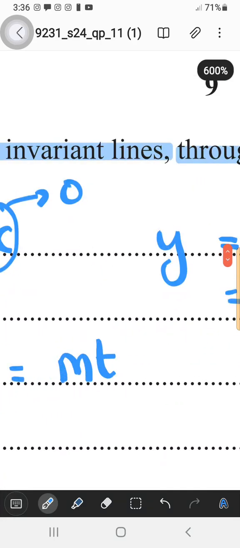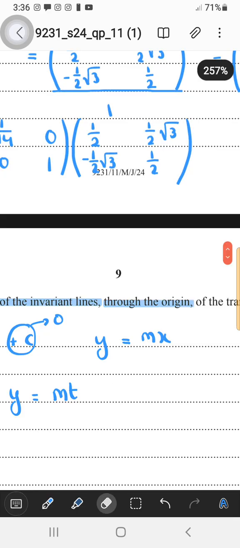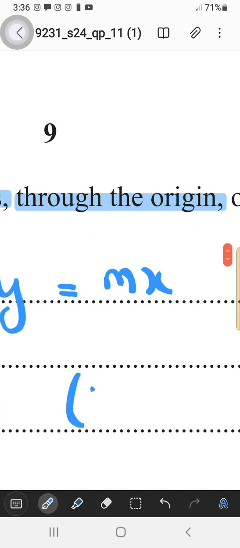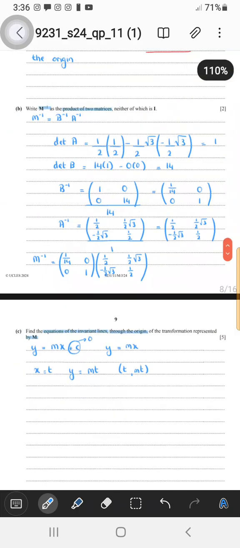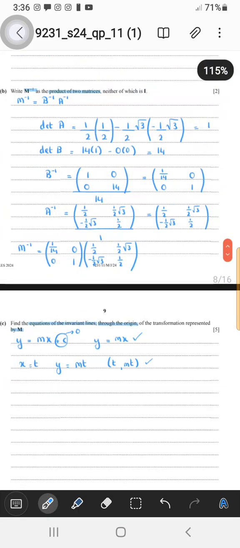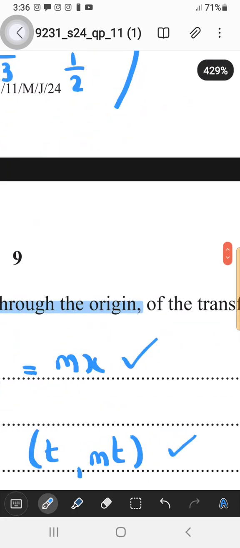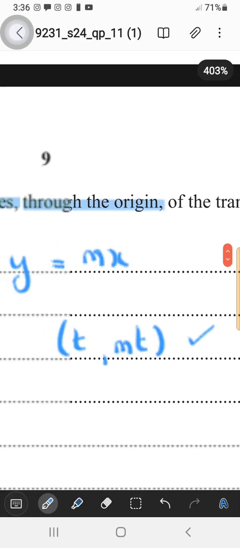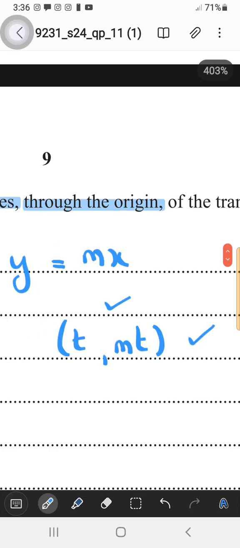Y is equal to mt. We got our coordinate. So our coordinate is t comma mt. We just wanted y is equal to mx to find out y. So the thing which we will use is this t comma mt.